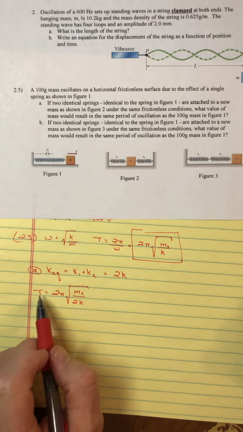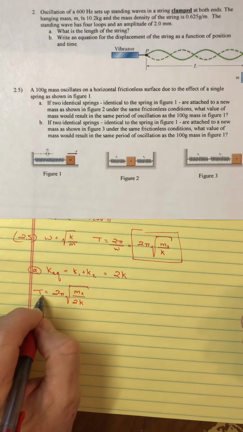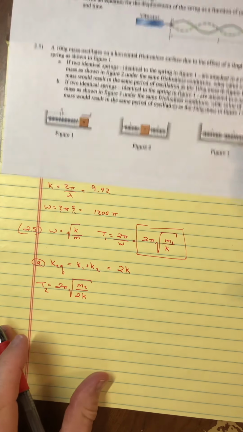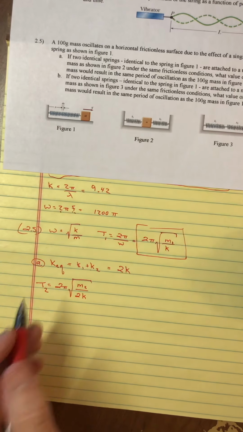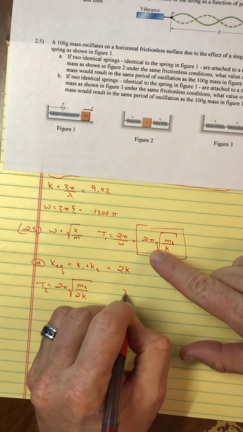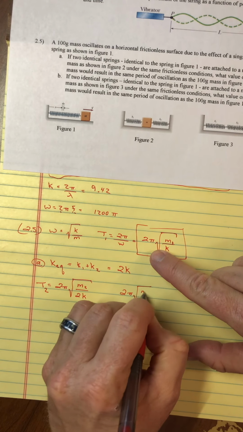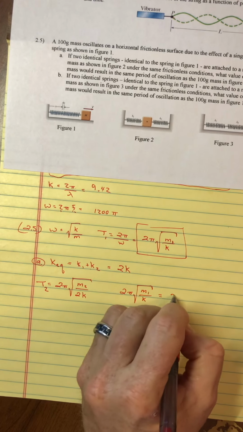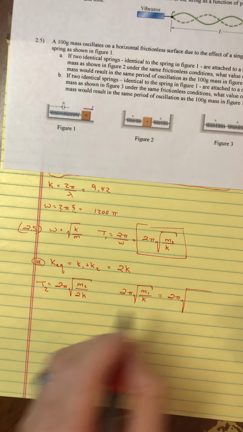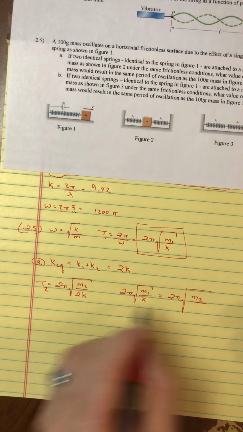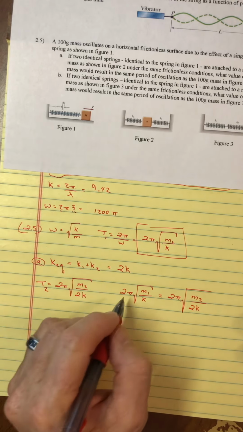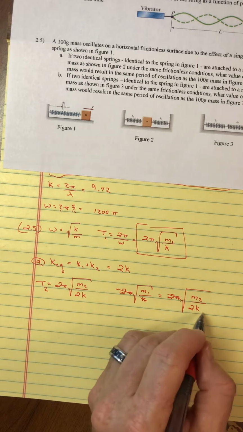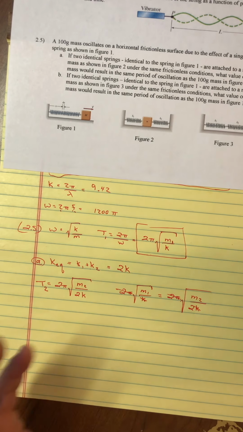Then we want this period, which I'll call period 2, to be the same as this one up here, period 1. So let me set them equal to each other. Period 1 is 2 pi times the square root of m1 over k. And period 2 is 2 pi times the square root of m2 over its effective k value, 2k. Clearly the 2 pi's cancel off, and the square root of k cancels off in the denominator.